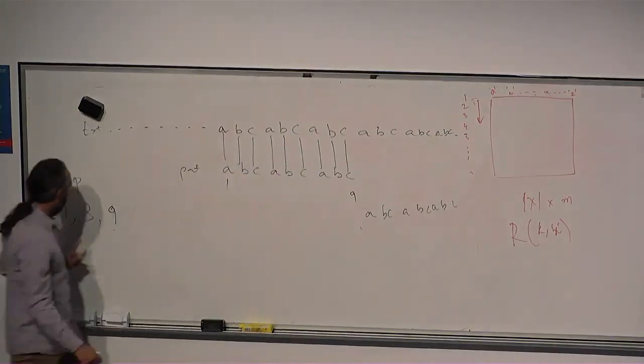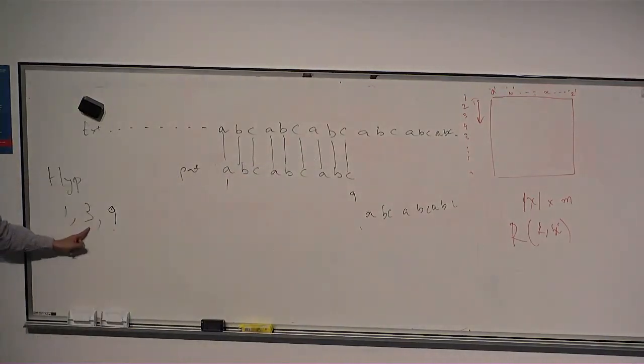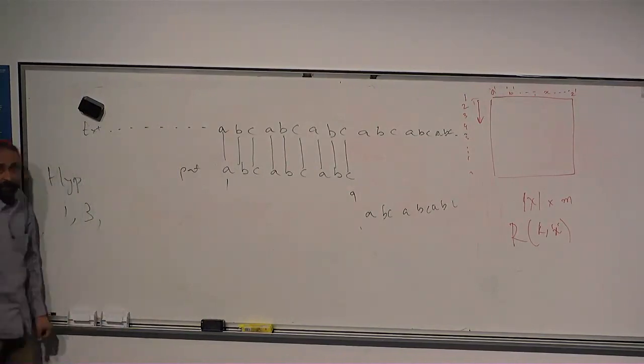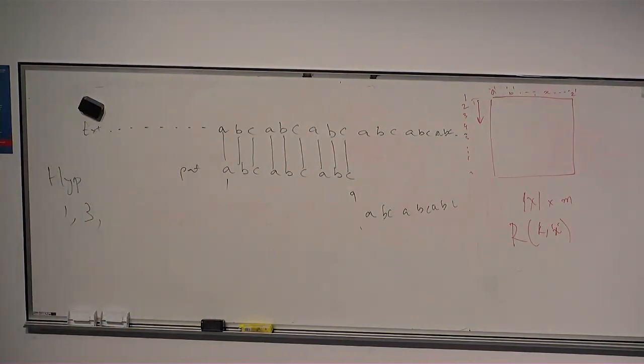So 1 is safe, 3 is safe, 9 is not safe, so we'll rule out 9 as a hypothesis. You'll see that really anything other than 1 and 3 will either give you a sure mismatch or you'll miss something. Okay? So 1 is basically naive. It is always a hypothesis, always there for every iteration.